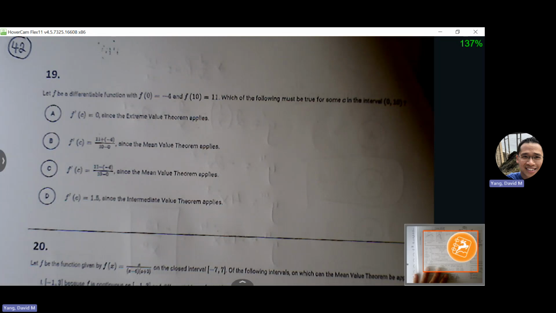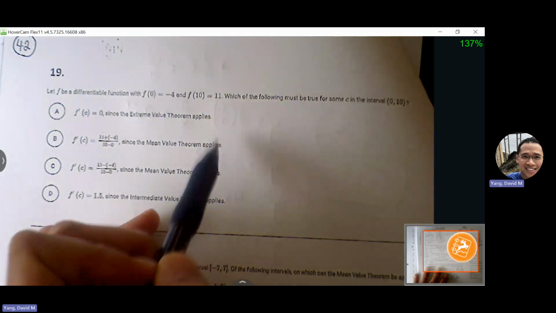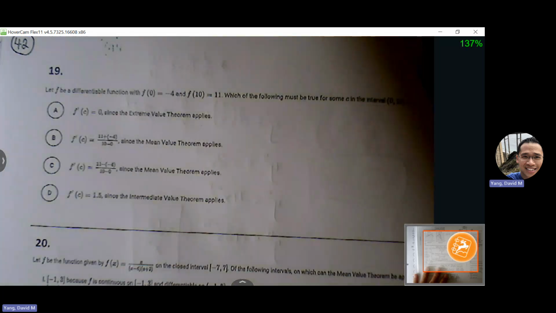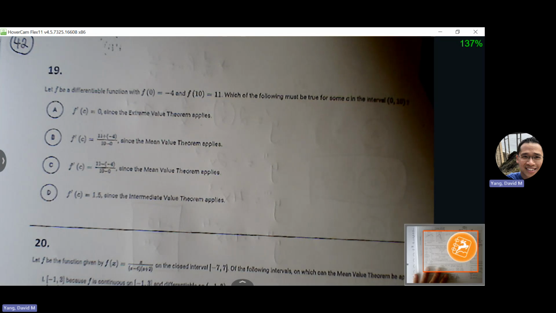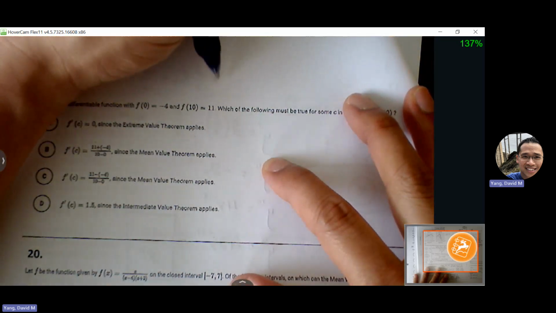This is probably more of a mean value theorem statement. The idea that if I have two ordered pairs, then whatever slope I can draw between those two points, I can guarantee that there's going to be an exact slope that matches what I see there. So we don't have to draw this out, but John, I'll show you real quick.